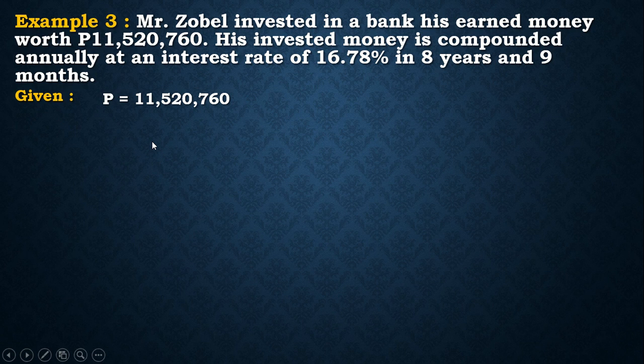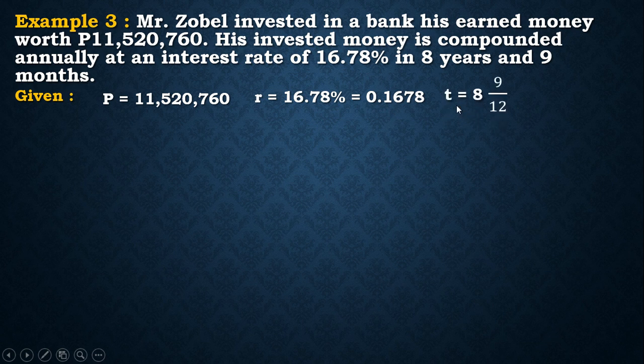We have the given. P is equal to 11,520,760. And then the interest rate, which is the R, is equal to 16.78%. So again, ang R po natin ay divide sa 100, kaya naging 0.1678.